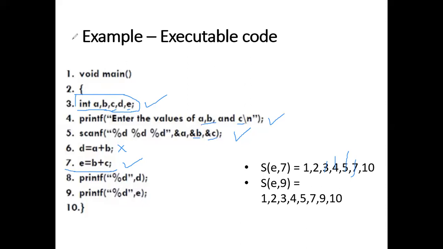But when this is compared with the previous case, which was a code segment, here this is a C program that you can run on your computer. So this is an executable code. In order to execute without errors using a C compiler, I should have this one and this one.